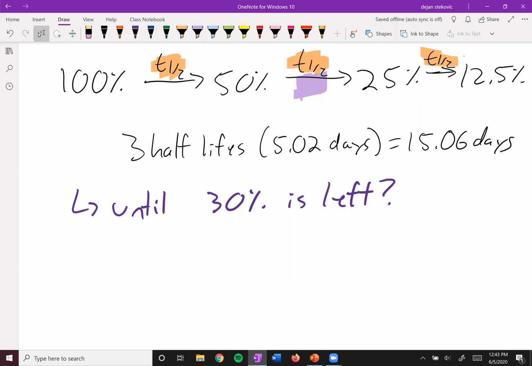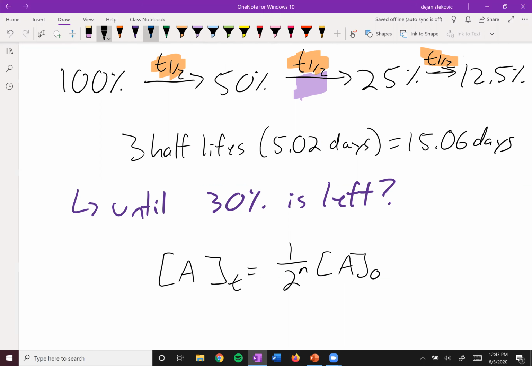The equation for any order half-life is: the concentration of A at time t is equal to 1/2 to the n times the initial concentration, where this n value is the number of half-lives.